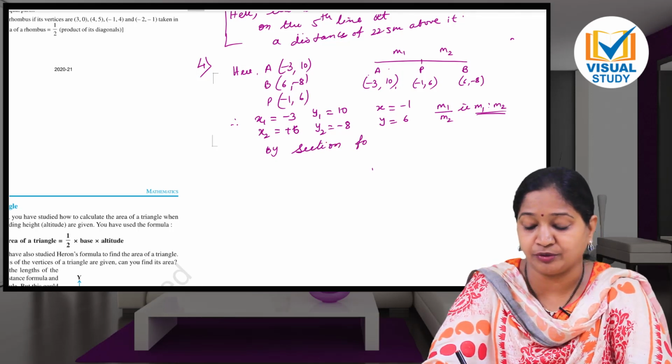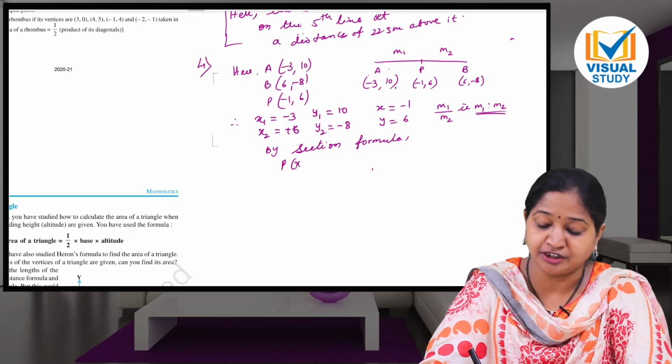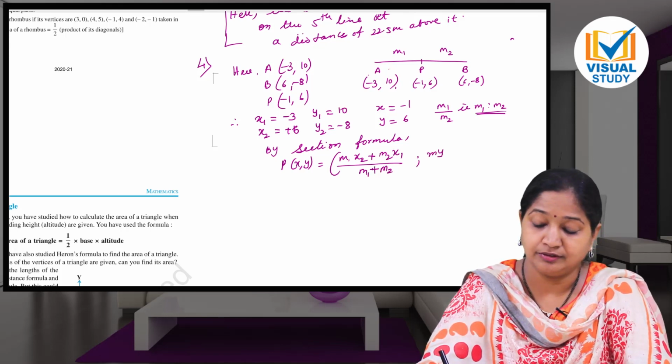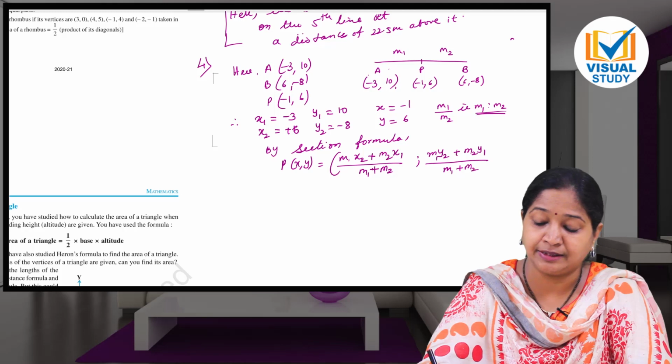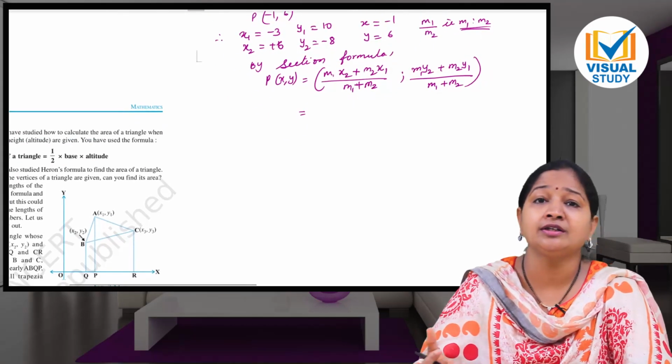Using the section formula, what is the section formula? That is (m1 x2 plus m2 x1) upon (m1 plus m2), and (m1 y2 plus m2 y1) upon (m1 plus m2). So put the values and find out the answer.